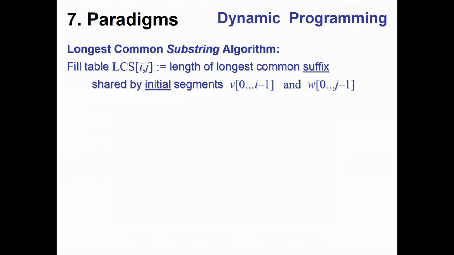And filling this table, then the final last entry contains the solution to the original problem, whereas the individual entries of the table are easy to compute by combining previous entries of the table. So this is kind of an algorithmic perspective on structural induction. Here in this case, induction with two parameters, i and j.